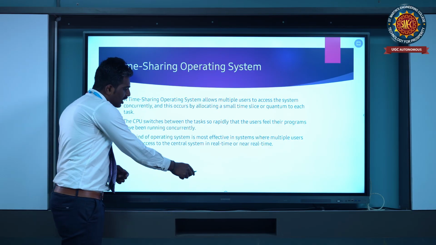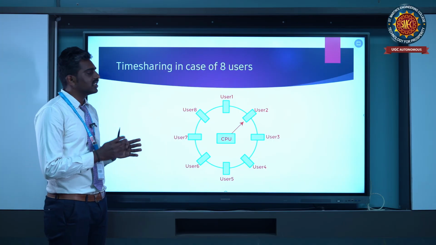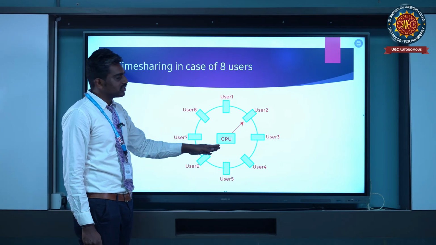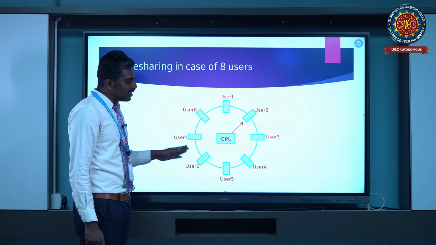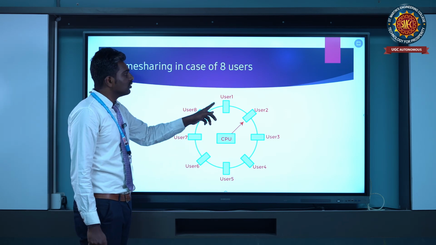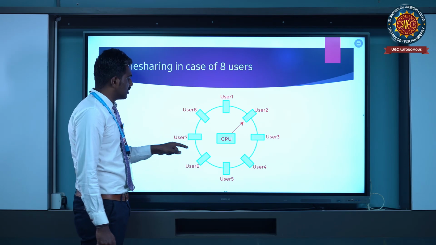In this time sharing operating system, the system rapidly switches from one user to another, with a fixed time in the method. In this diagram, the CPU is a centralized process. All the users are circulated to communicate with the CPU. Every user is given one fixed time to implement all the process.